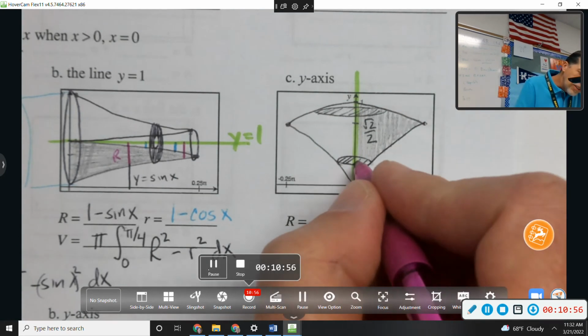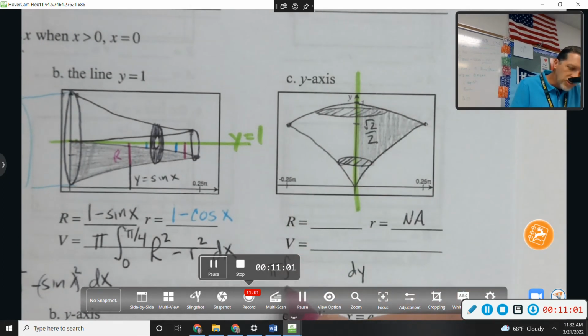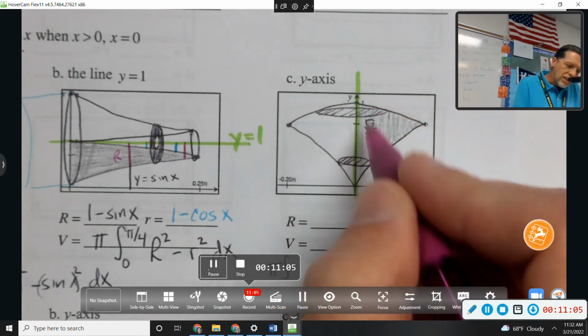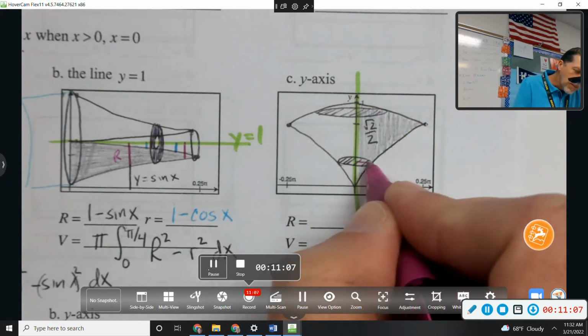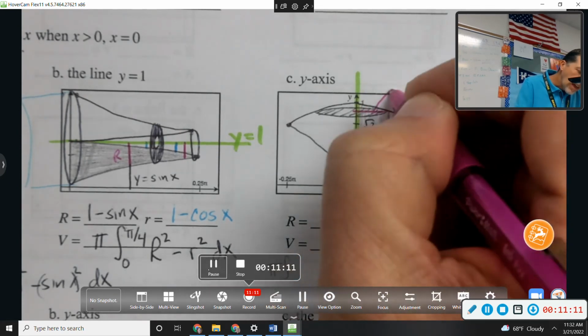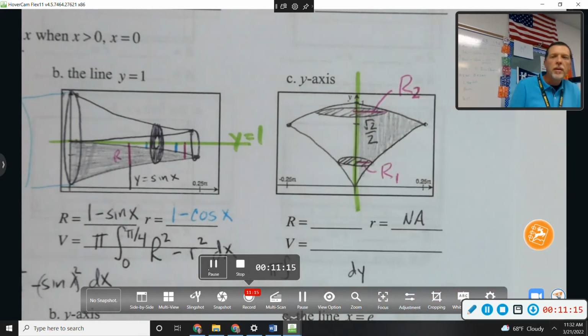This is a tricky one. So I need to go 0 to 1. I need to go all the way. But it switches. Like I have two different r's for this problem.